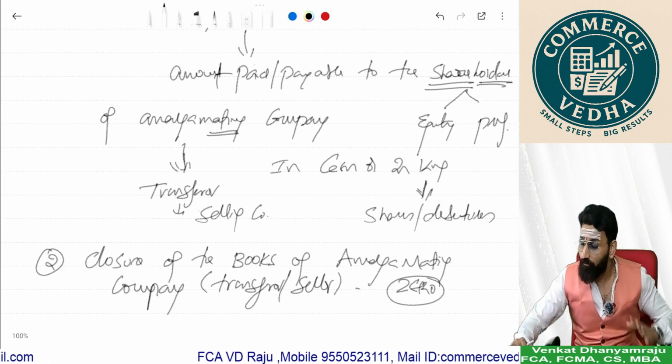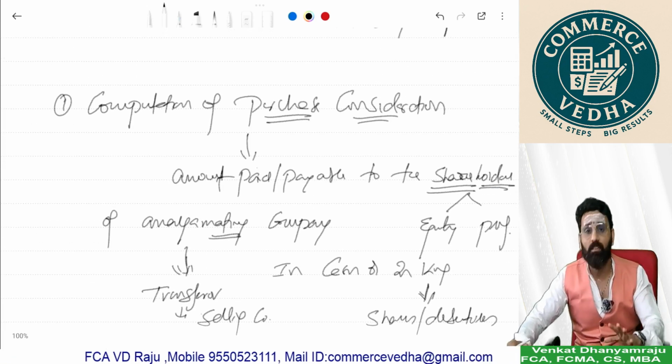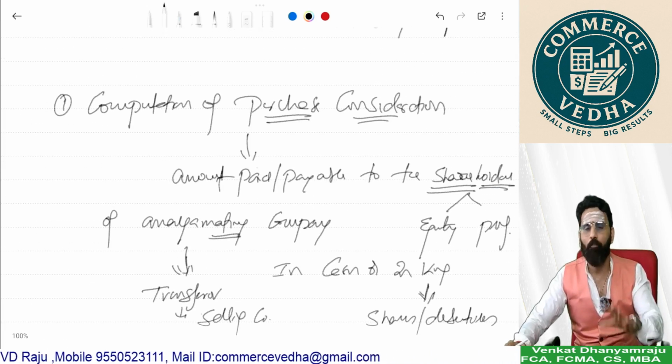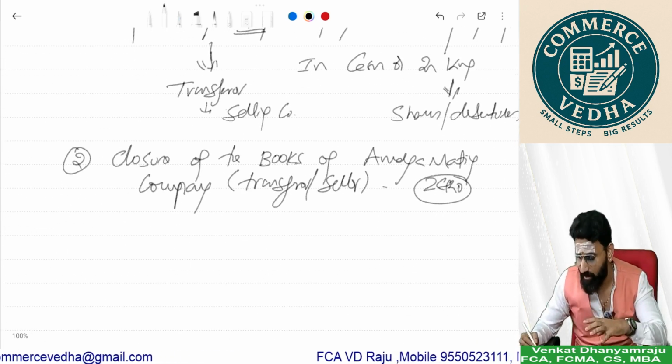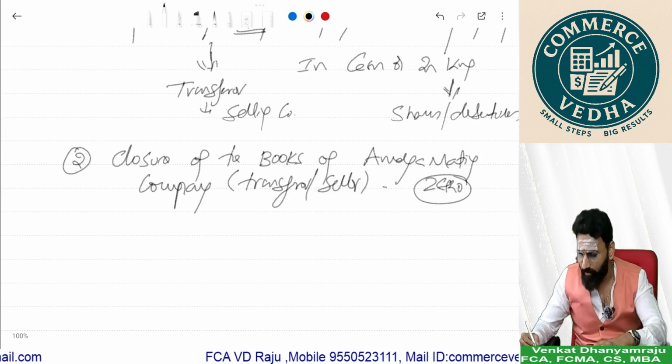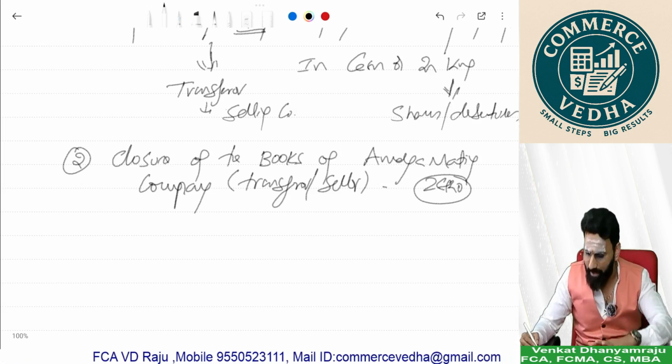So the first step we discussed is computation of purchase consideration. The second step is closing the books of the amalgamating company.